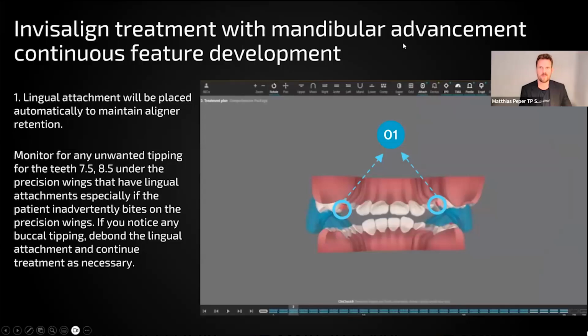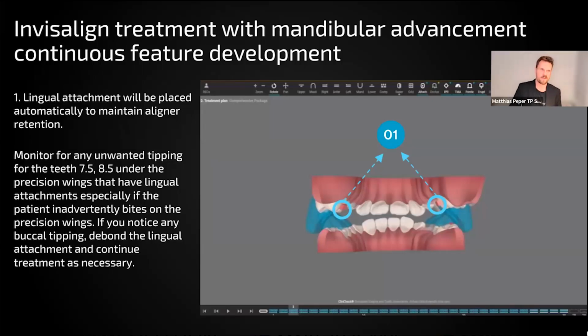What else is new? We have the Invisalign treatment with mandibular advancement and continuous feature development. The lingual attachments will be placed automatically to maintain the aligner retention. This is also something we didn't have before. We always needed to ask for palatal and lingual additional attachments.